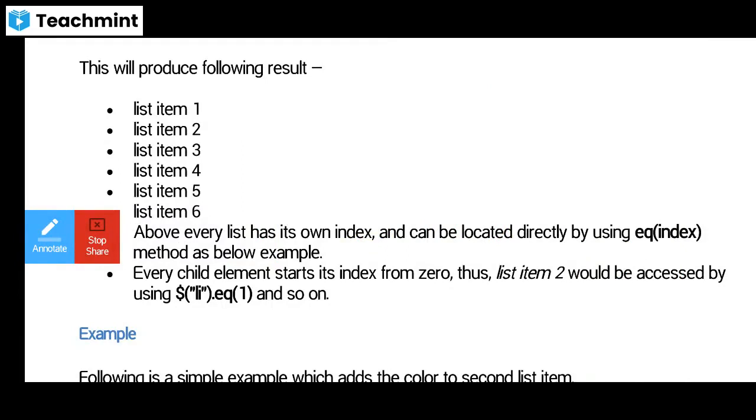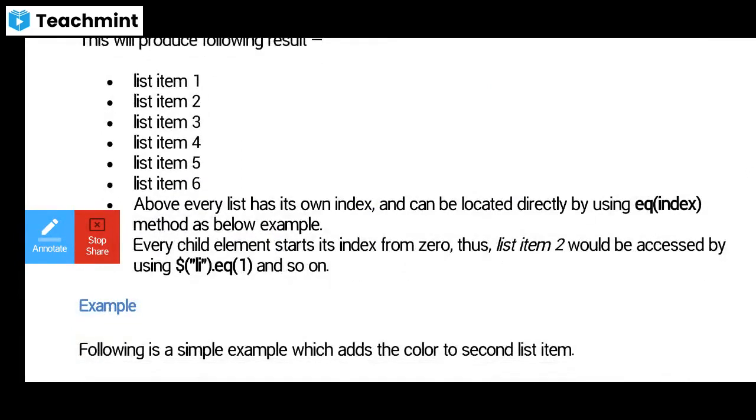Every child element starts its index from 0. Thus, list item 2 would be accessed by using the jQuery dollar sign and li list, with the equivalence method equal to 1, and so on.